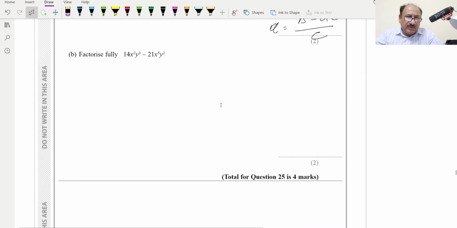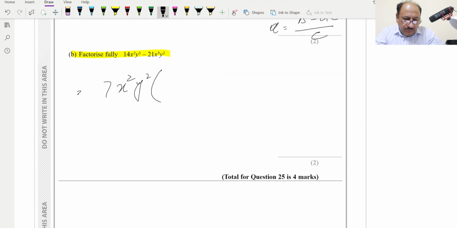And in part B, they are saying factorize, and for factorization we have to basically take the maximum common factor. What can we take as the maximum common factor? 14 and 21. So we can take 7 common, and x square also we can take common, and y square we can take common.